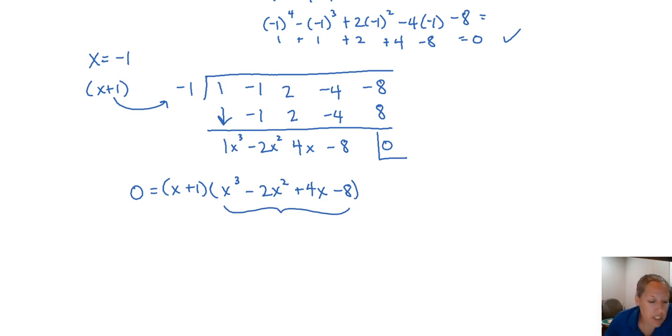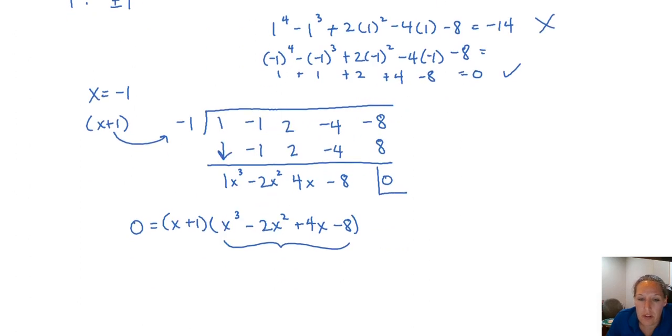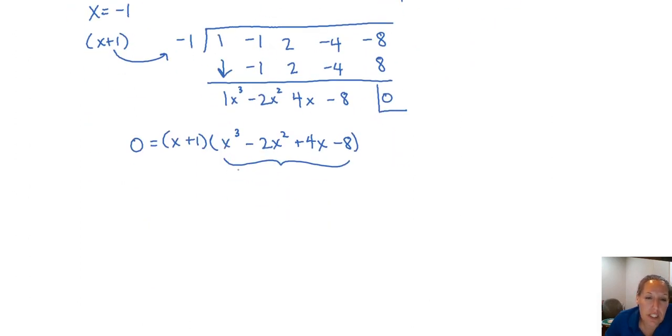And so we still have factors of 8 over factors of 1, so we're going to get the same list of possible rational zeros that we got on the previous one. And so this time let's try x equals 2. So if we try x equals 2, we are checking the factor x minus 2. And so we're going to get 2.